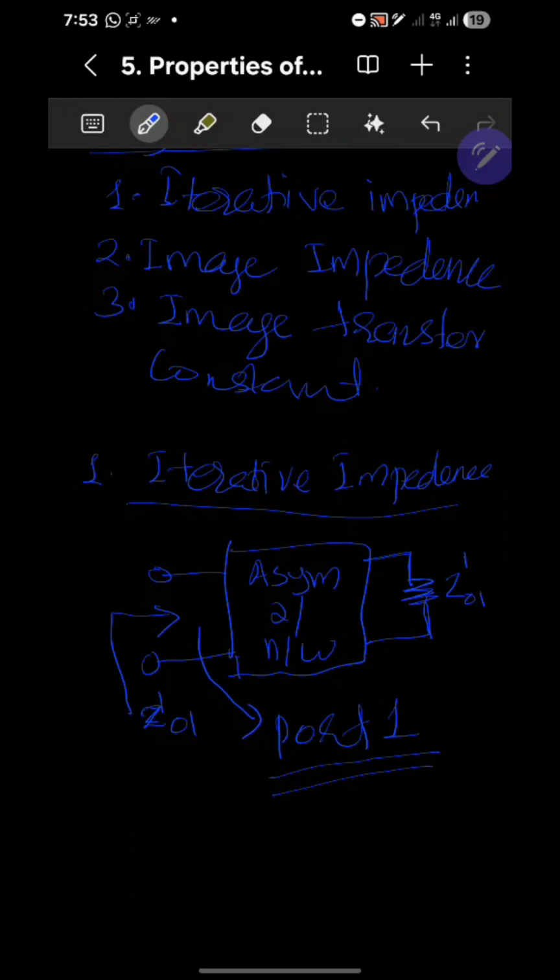If you are terminating a network with an impedance, let us say Z dash 01, and if you are looking from the input side of the network and you are seeing the same impedance Z dash 01, then it is called the iterative impedance. So effectively the effective impedance of these two things, that means the network and the terminated impedance, will be Z01.